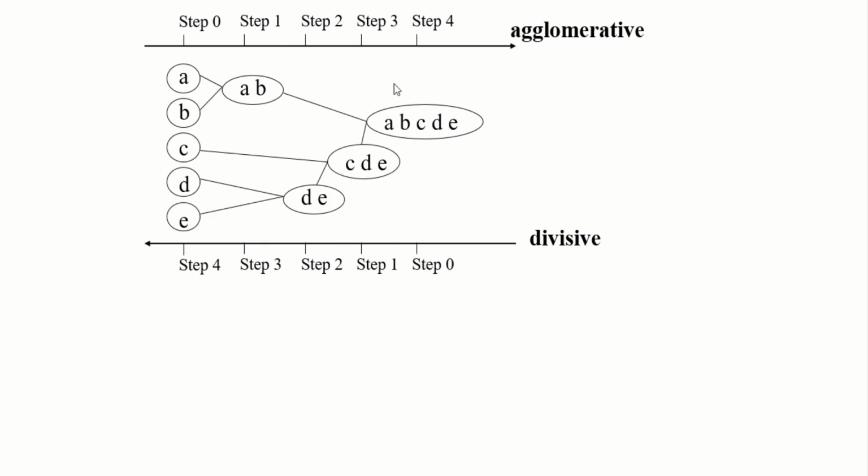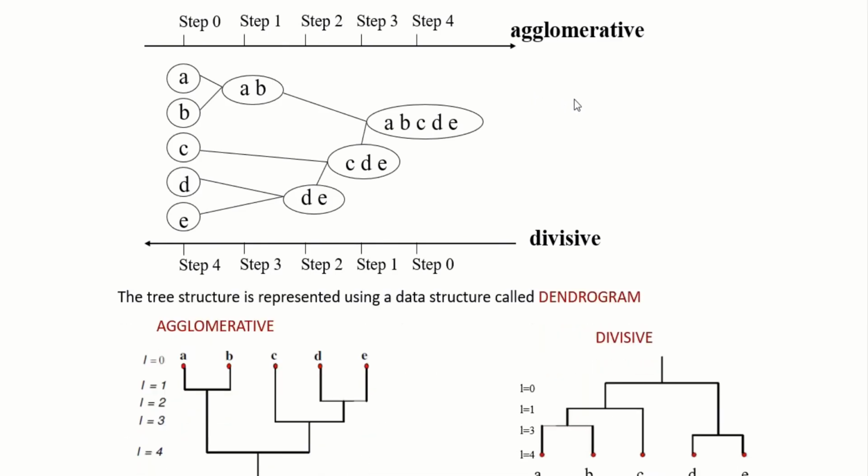It starts from one whole cluster and goes on splitting it into subclusters until we get all the objects into separate clusters. The tree structure is represented using a data structure called a dendrogram. So agglomerative and divisive can be represented through a tree structure called a dendrogram, as shown below.